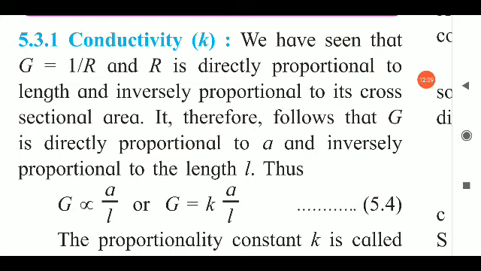So G is proportional to A upon L, which means the equation gets reversed: the numerator becomes the denominator, and the denominator becomes the numerator.